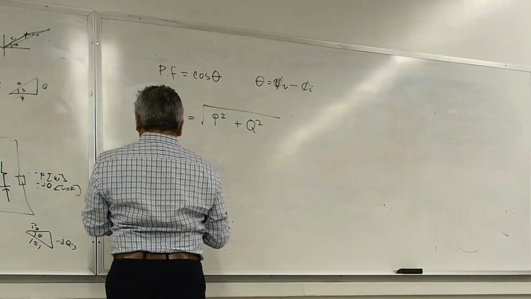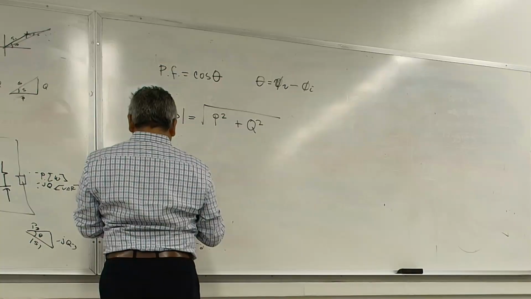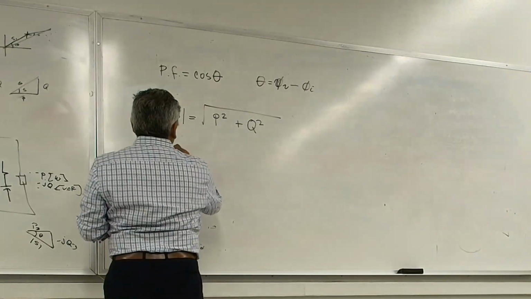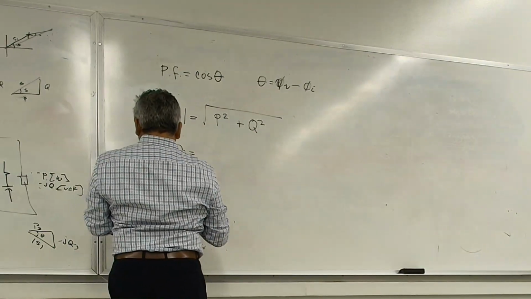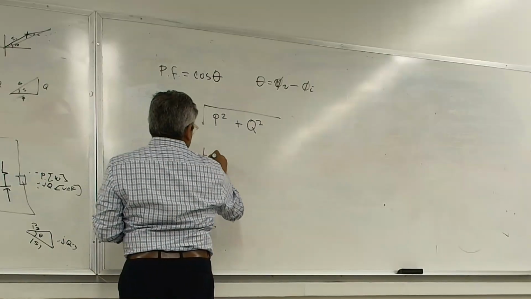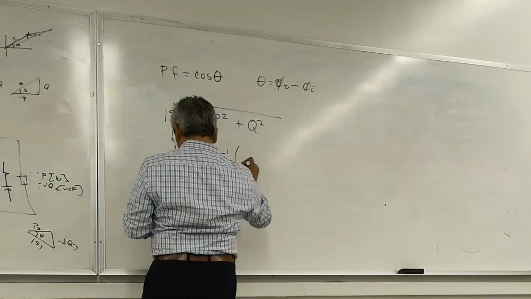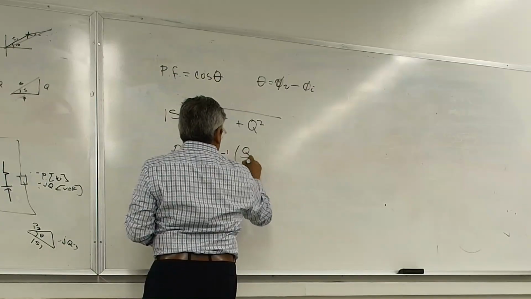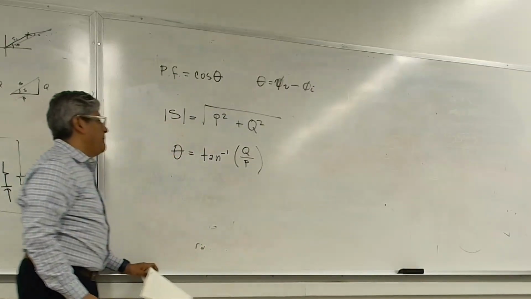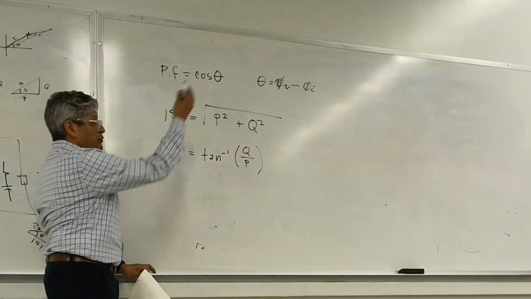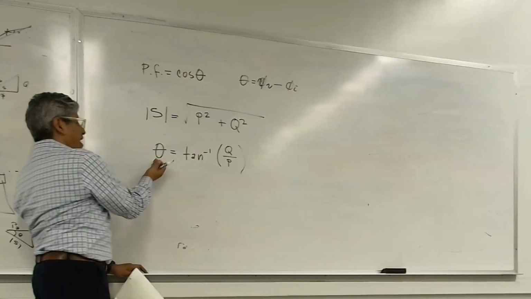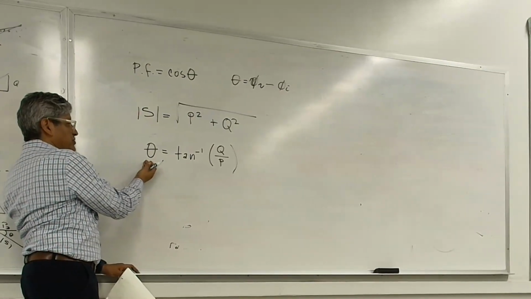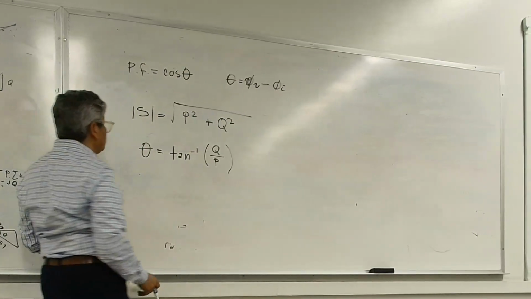So that's one way to find it. If you're looking for theta, and you know P and Q, you can use this formula: tangent inverse of Q over P. So if you know the real power and the reactive power, and you're after the angle between the voltage and the current, you can use this formula to find the angle.